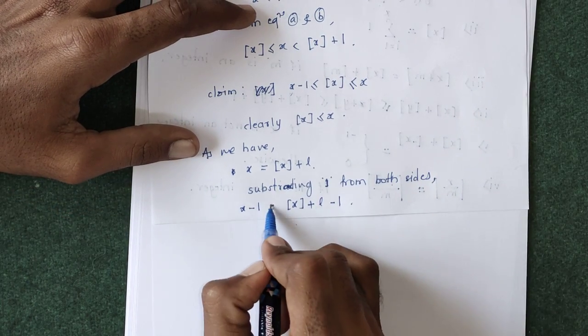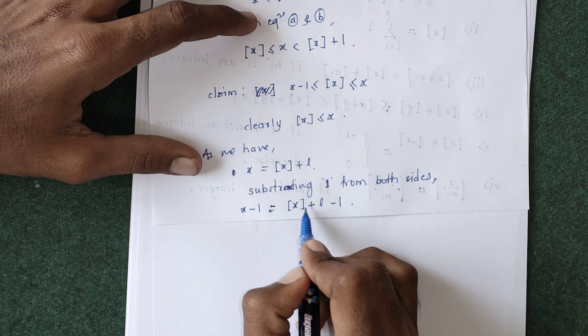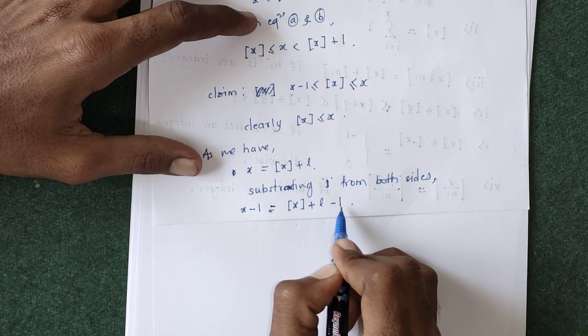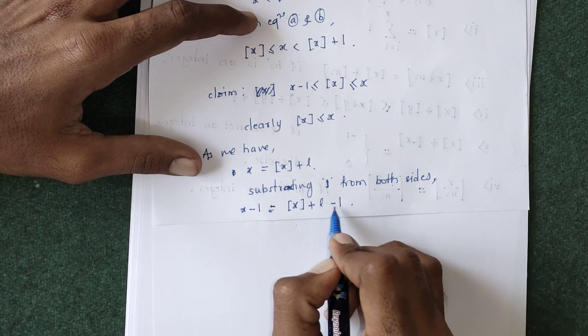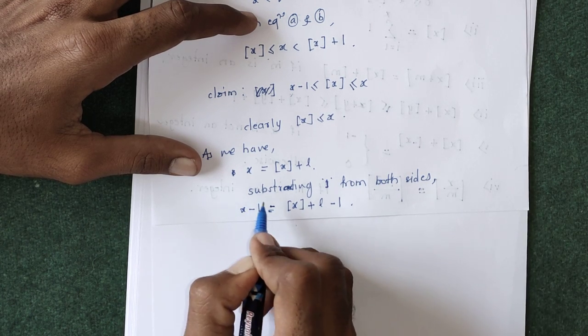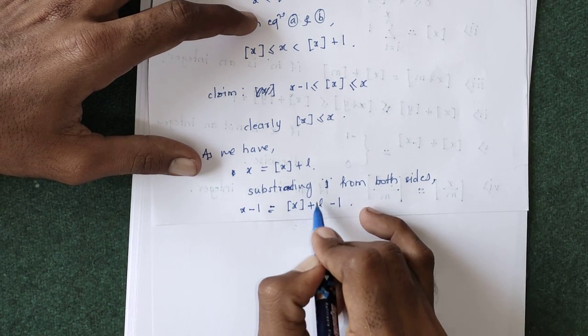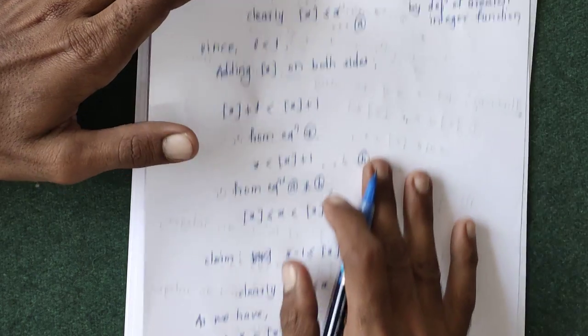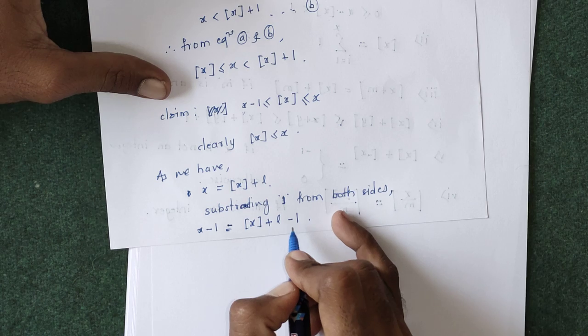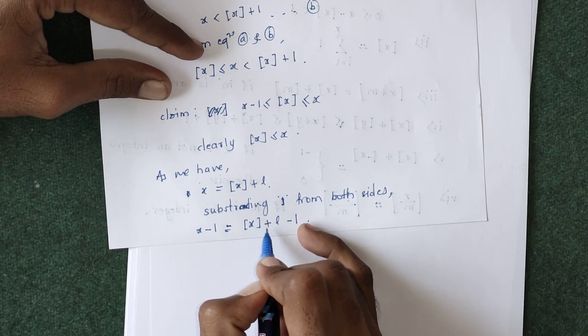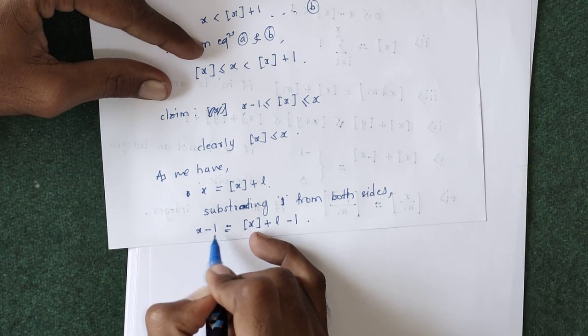So, from this equation, integral part of x plus l minus 1 is equal to x minus 1. But our l is strictly less than 1, so l minus 1 is clearly a negative number. So, integral part of x plus some negative number is equal to x minus 1.